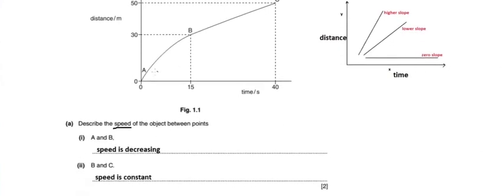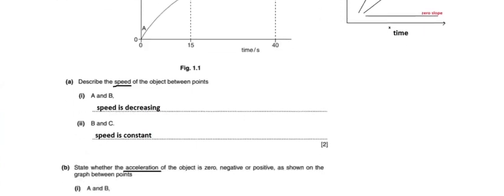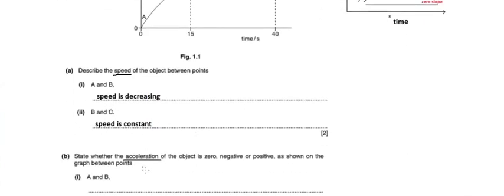The slope of this kind of graph will only give us the idea about the speed, not about the acceleration directly. So we have to decide the nature of the acceleration from the answers given in part A, that is, from the speed.